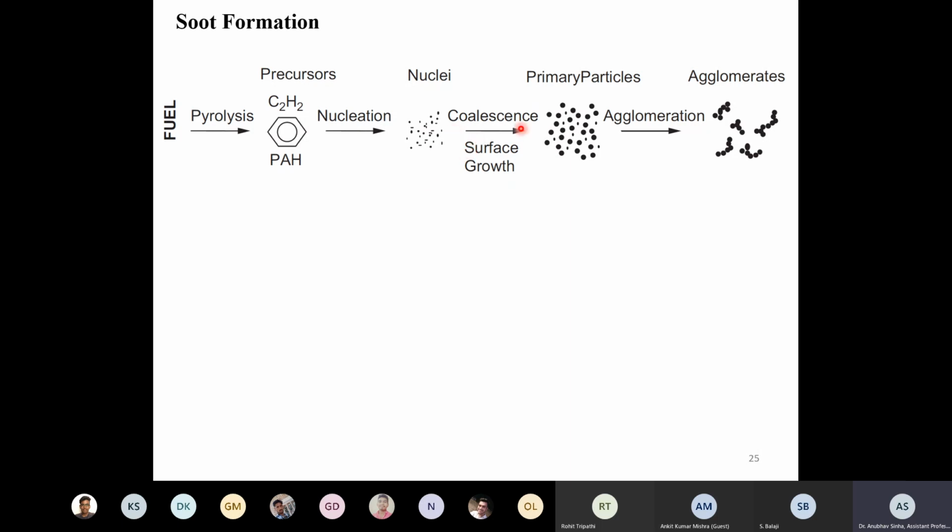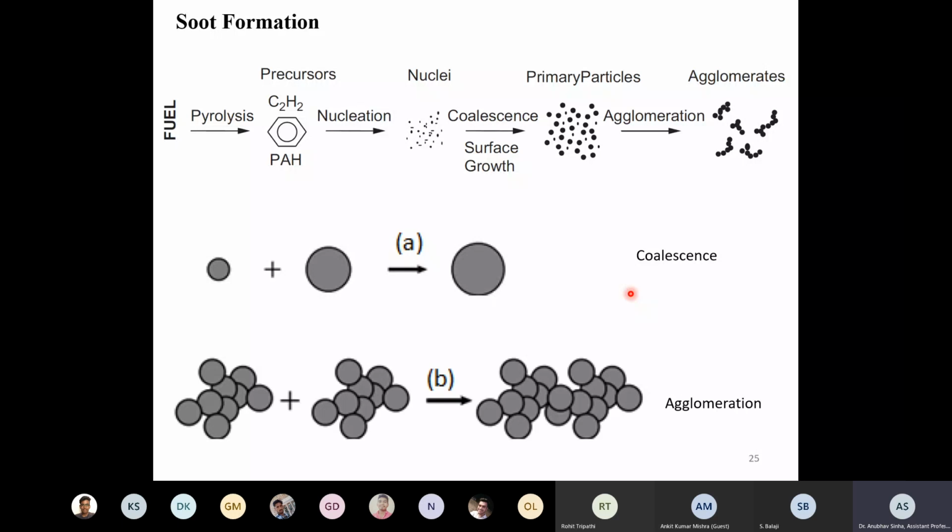Then these particles coalesce. Let us see what coalesce means. Coalesce means small particles combine and form one particle. This is called coalescence. Basically the surface is growing and bigger particles are getting formed. Now once these primary particles are formed, they agglomerate. What do you mean by agglomeration? Look at this. A number of these balls or spheres are joined and they form a chain-like structure.